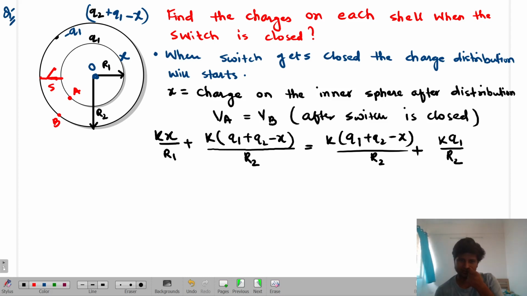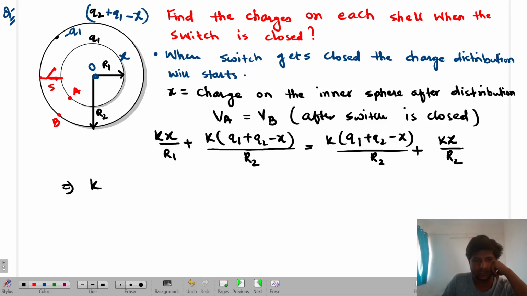So why negative Q1? Sorry, I wrote Q1. Sorry. Q1 will get cancelled. I have to write X. KX by. So you can solve it, isn't it?